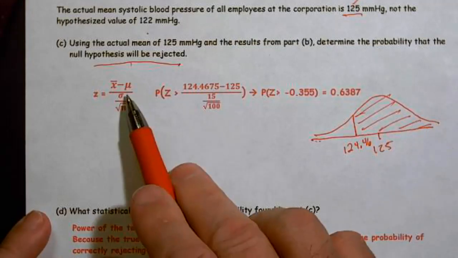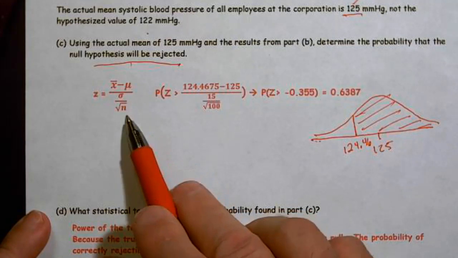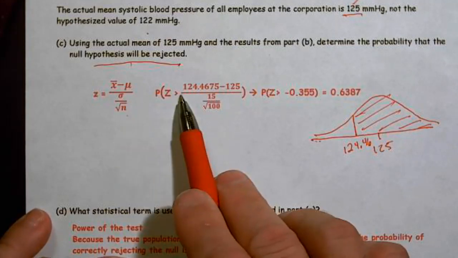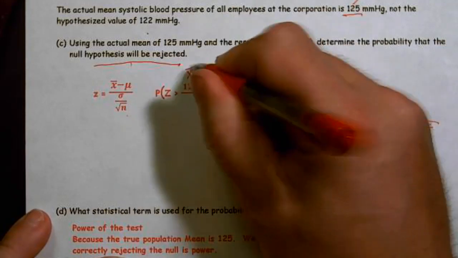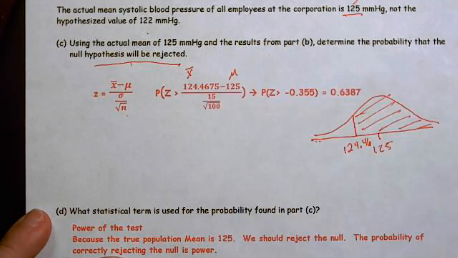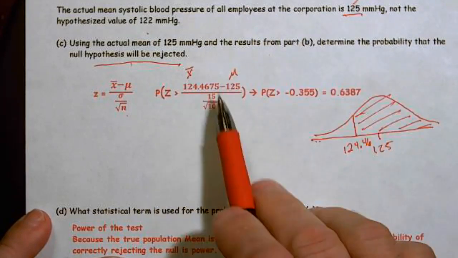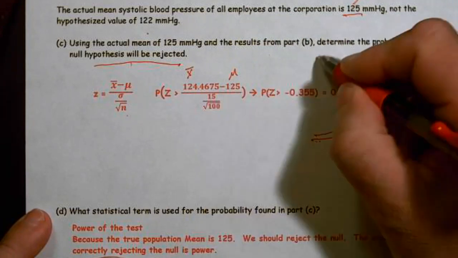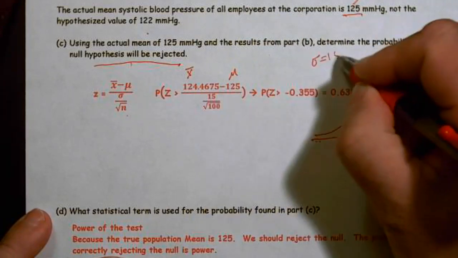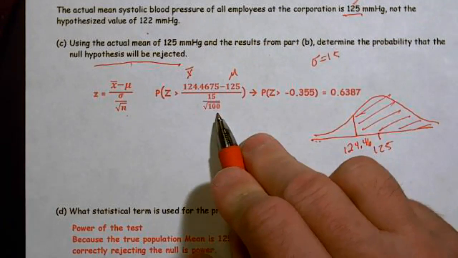So z equals x bar minus mu over sigma divided by the square root of n. There's my x bar. That's what came from the sample. This is the actual true population mean. Our standard deviation was given to us in the previous part, and it was a standard deviation of the population being 15, and our sample size is 100.